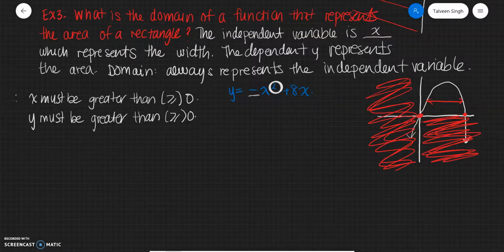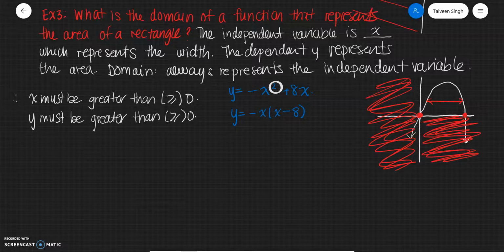Lucky for us, we actually know how to find these 2 points on a graph. This is where the function hits the x-intercept. The other way we say this is where our y's are 0, right? So if I'm given this function, I can find the zeros of this function by saying y equals, I just have to factor. So I factor out the negative x, right? My x squared turns into an x. If I factor out the x from here, it becomes x minus 8, right?